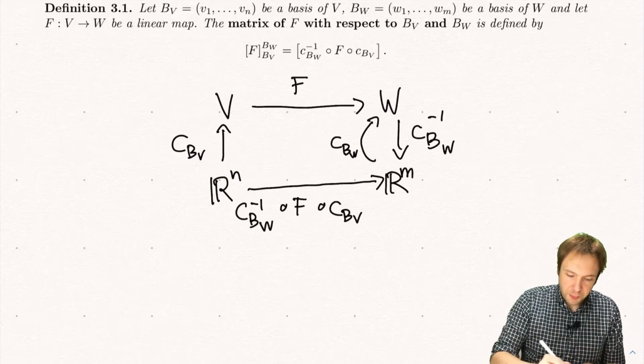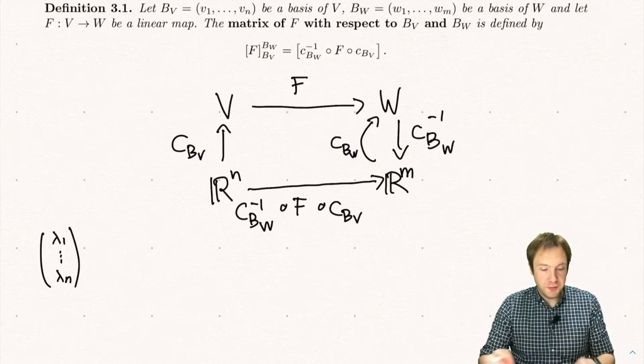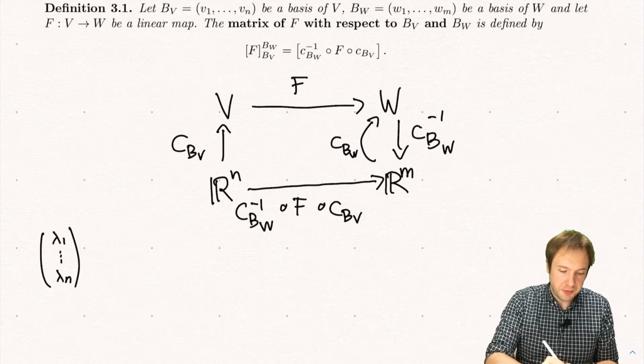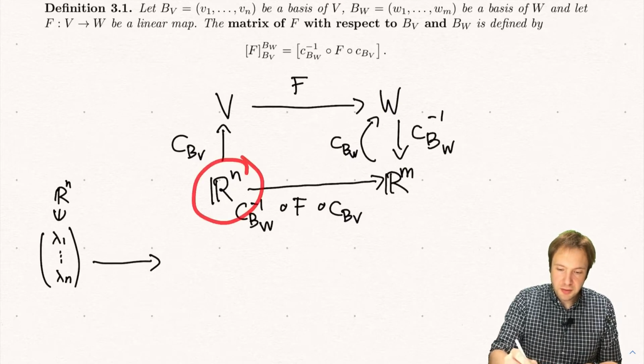So let's start with some vector lambda 1 to lambda n. This is an element in Rn. So we start here now.